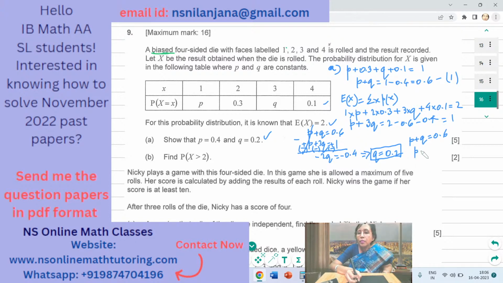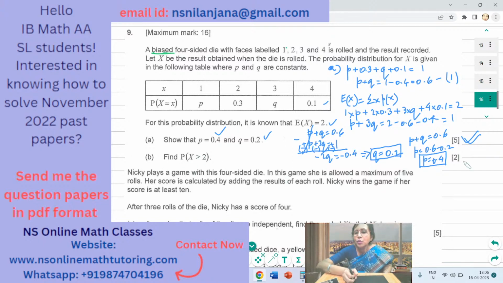So P will be equal to 0.6 minus 0.2, which gives us the P value as 0.4. Okay? So we have shown that. Next, this was part A. It contained 5 marks. And we have got the 5 marks.